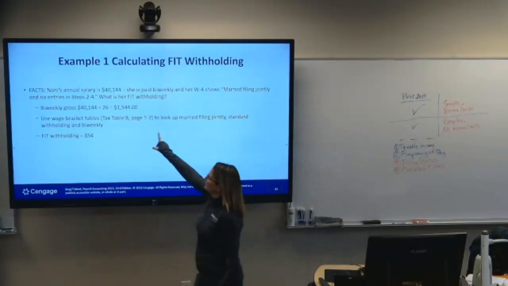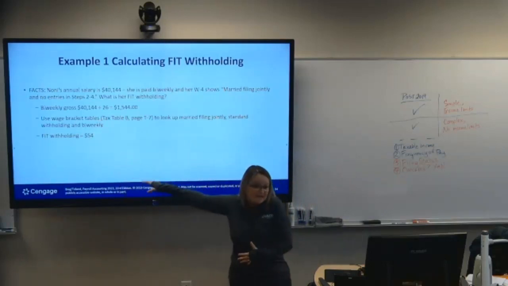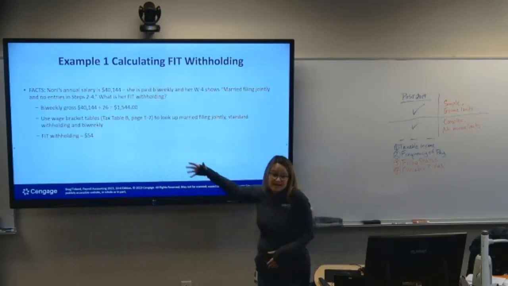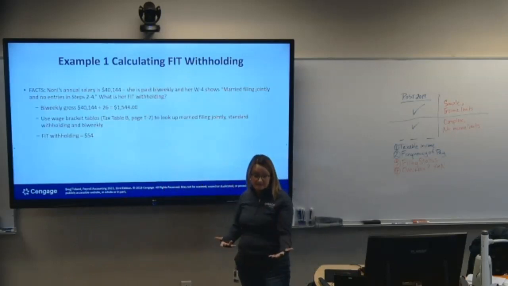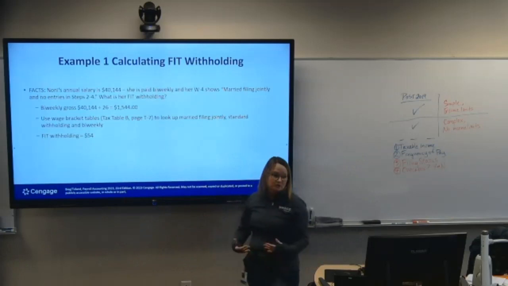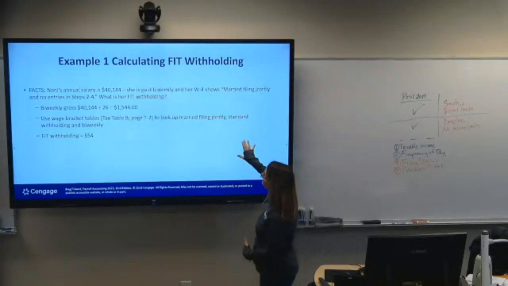So if you're given an annual salary, then yes, you're going to calculate what it is on a per pay basis. But if it's hourly, you're going to have to do some additional calculations to get to that taxable pay.